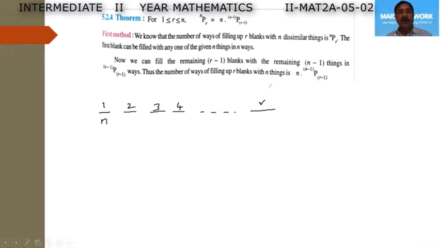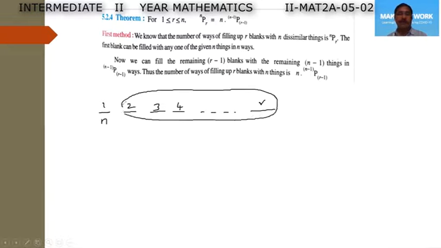After filling this first blank, the remaining blanks will be r−1. Now these r−1 blanks can be filled with the remaining n−1 elements in (n−1)P(r−1) ways.